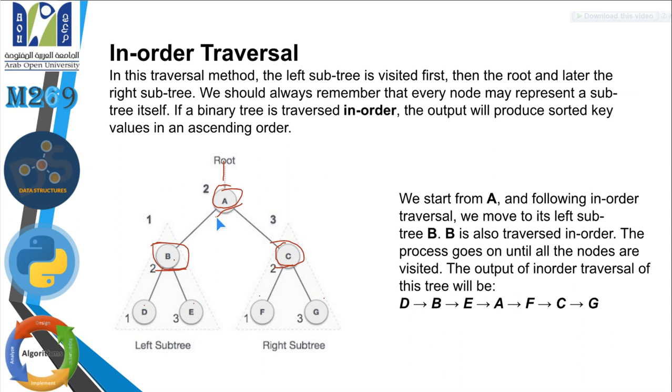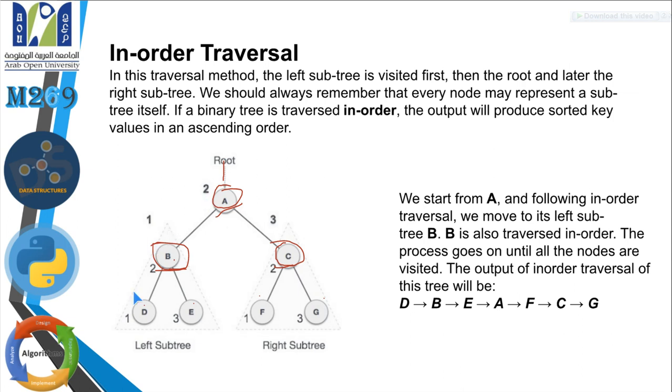Now start with the in order. If it is in order, you have to start from the left, root, right. Left, root, right. This is the in order. So left, where is the most left?